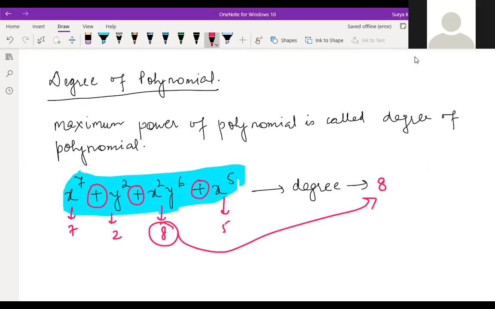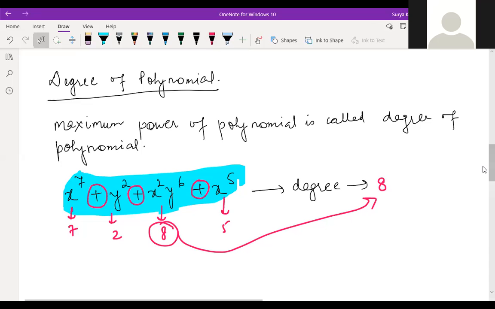Is it clear? So we are including both, not only one particular term. We have to include both and then write the degree. Is it clear, Rasul? Yes, sir. All right. So the maximum power of the polynomial is called the degree of the polynomial, and we have to find this.